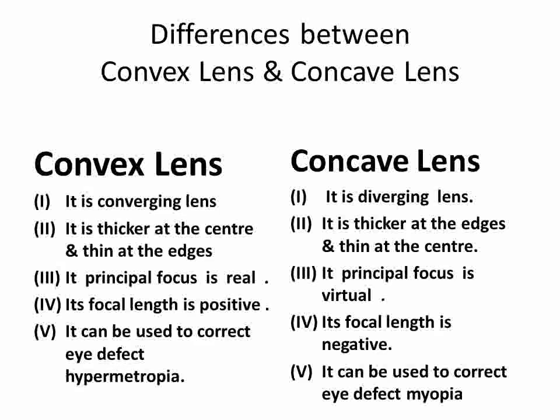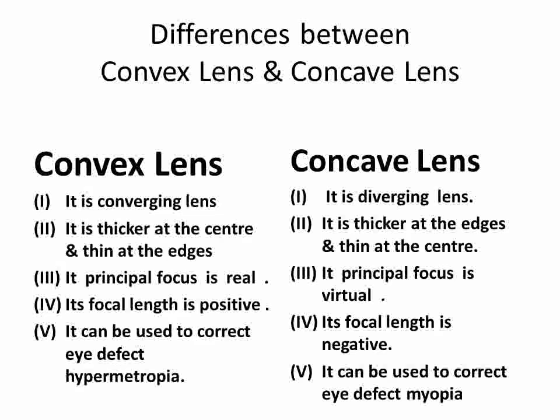We have discussed F2 also, whereas in case of concave lens, point number 3, its principal focus is virtual, that is, it is towards the side of object. Virtual means rays of light are not approaching it, therefore in the backward direction it is formed because rays of light are diverging after passing through a concave lens.